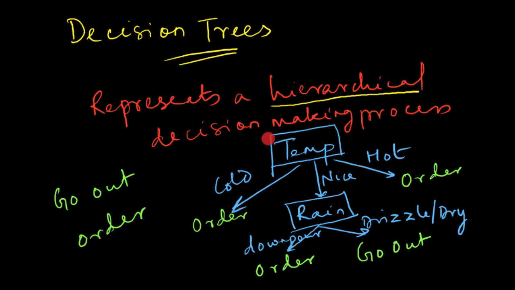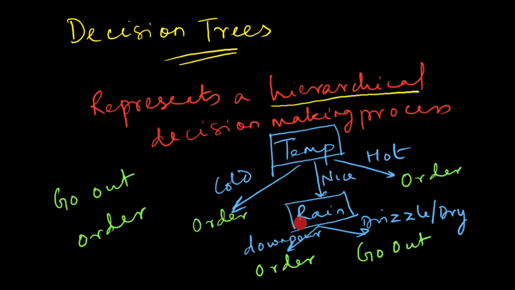So these are called the nodes of your tree. Temperature and rain are the nodes of your tree and represent the attributes or features which are used to do your classification. And these are called the values of a given attribute. In this case, the attribute temperature has three possible values: cold, nice, and hot.